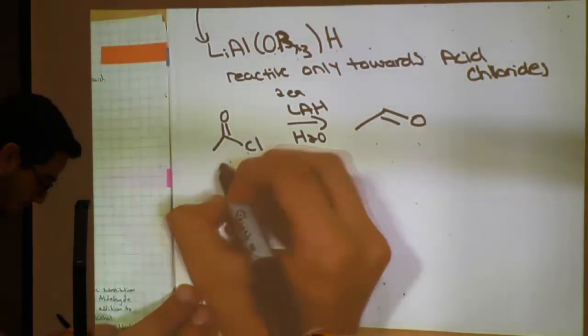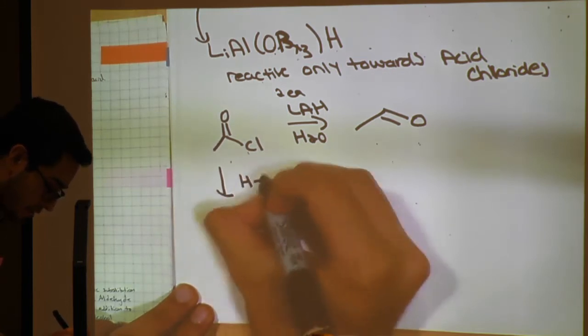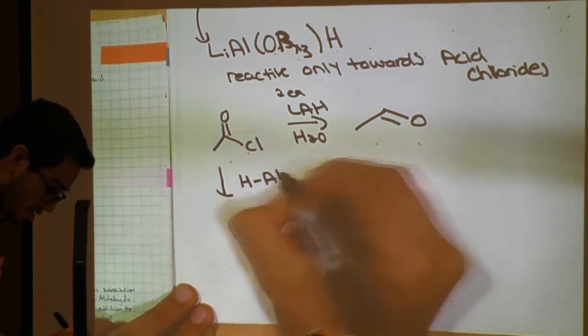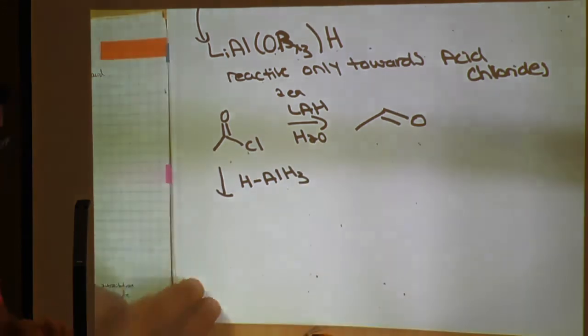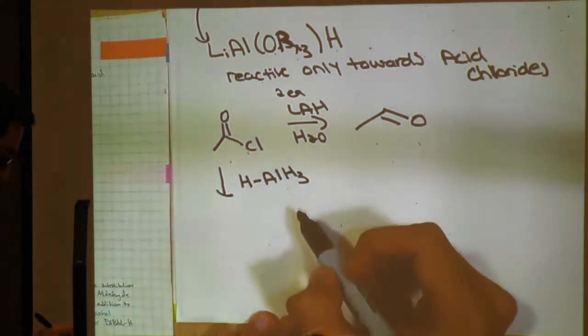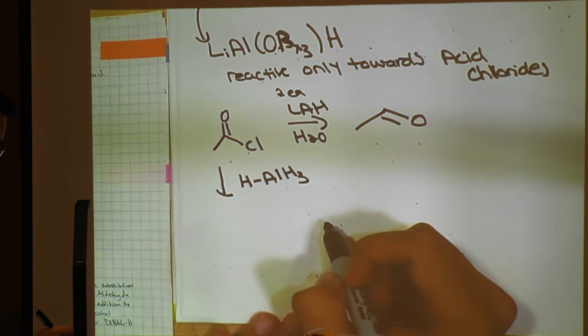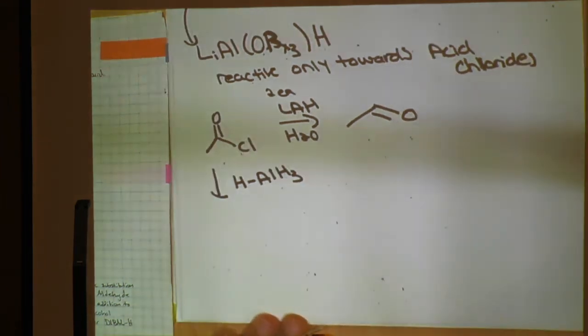When we have this, it is going to react with AlH3, which stands for aluminum hydride. Usually it would be one equivalent, but here with two equivalents, they create a kind of cycle.